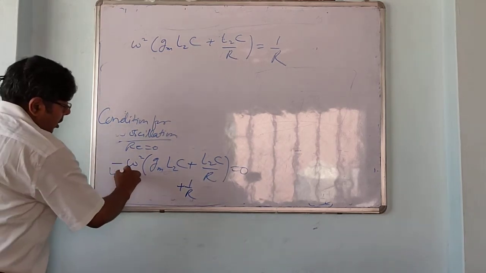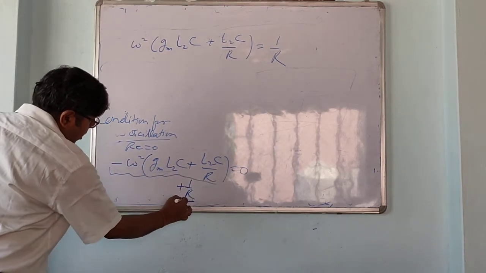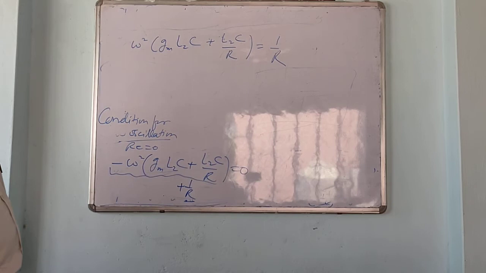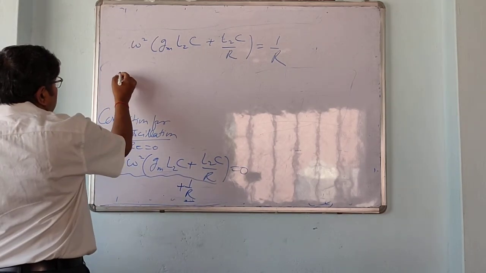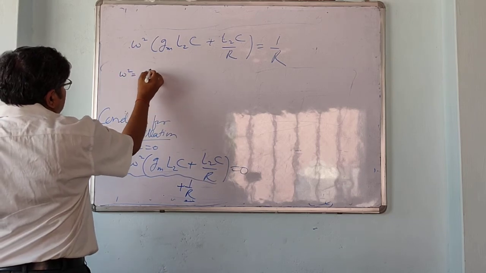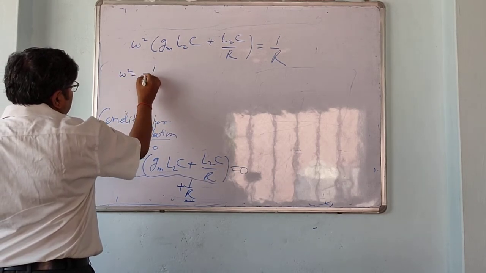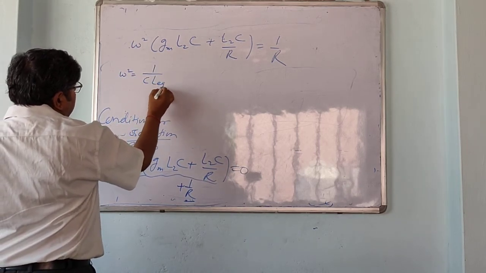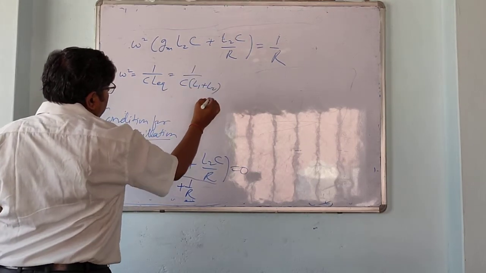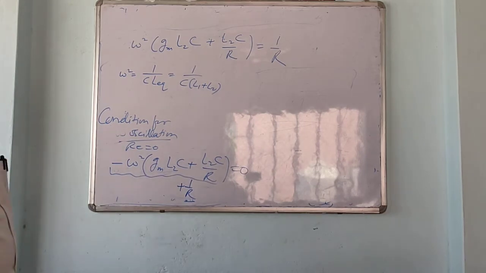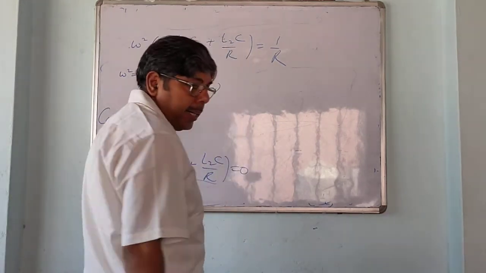You can take this whole term on one side and this term on the other, and you can put in the value of omega square. What is the value of omega square? This is 1 upon C L equivalent, that is 1 upon C into L1 plus L2.